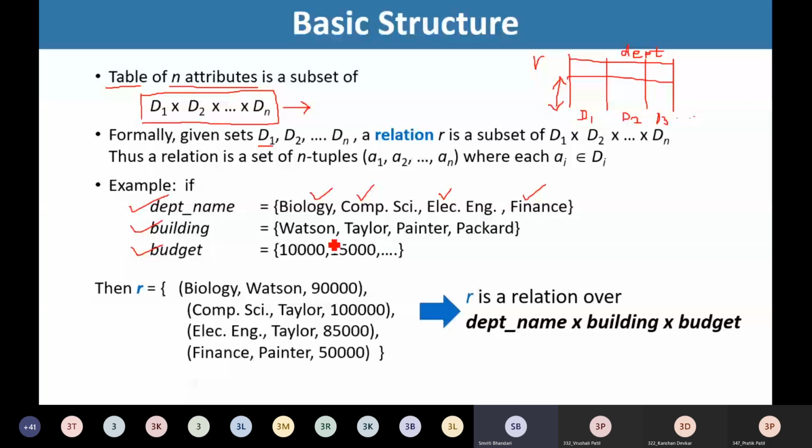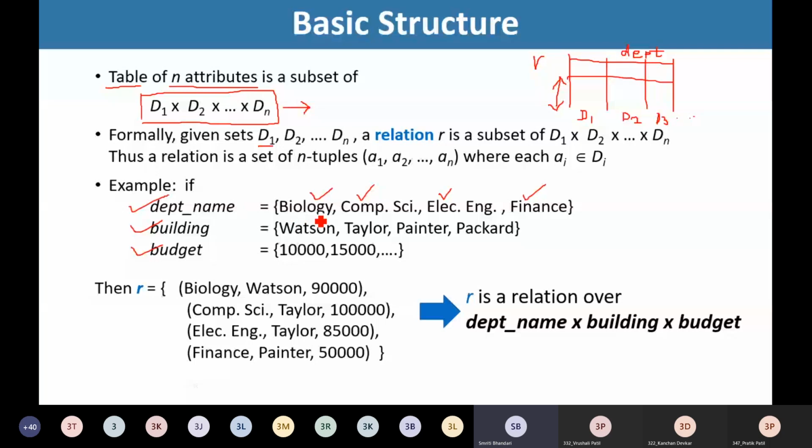Say for example, I will be having biology with Watson 10,000, biology Taylor 10,000, biology Painter 10,000, biology Packard 10,000. Is that correct?